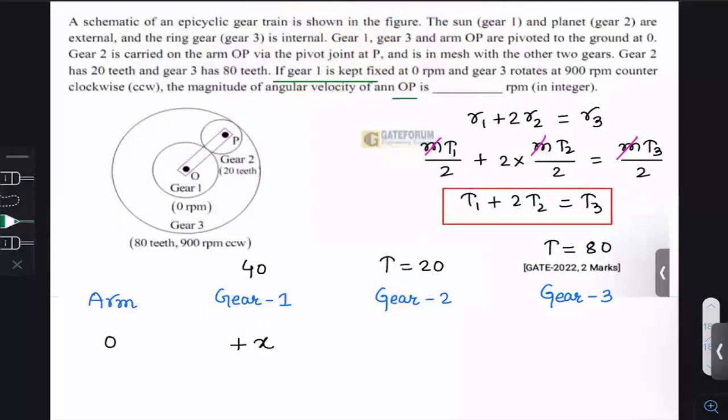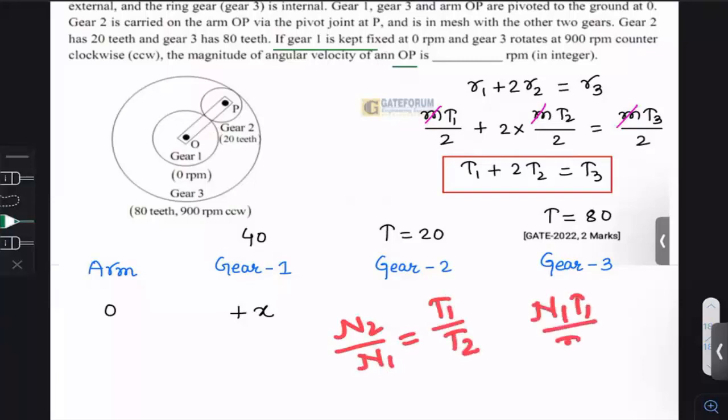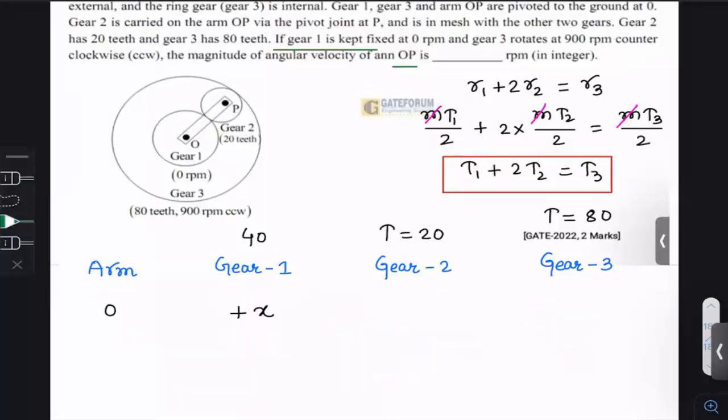Now you know very well how to write this. So this will be your table. You know very well that N1 by N2 is equal to T2 by T1, right? So here we can say N2 by N1 is equal to T1 by T2, which means N2 is N1 T1 by T2. With N1 as x and T1 as 40, N2 is 40 into x by T2, correct?